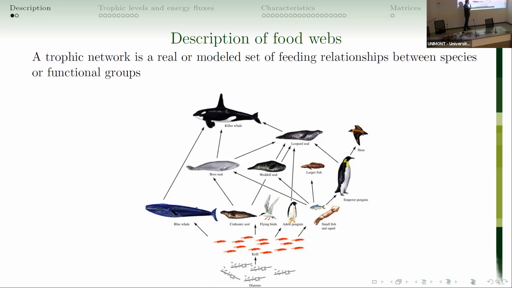Another important thing is that normally food webs have to include the same taxonomic level if possible. For example, here all of these are species: the whale, the seal, the leopard seal, the emperor penguin. But then you see flying birds, or krill, or small fish and squid.